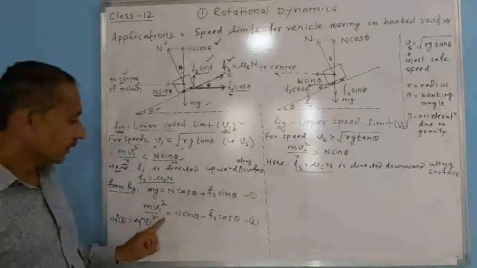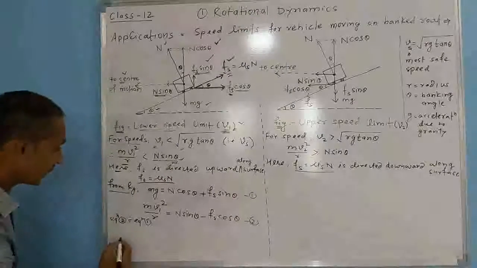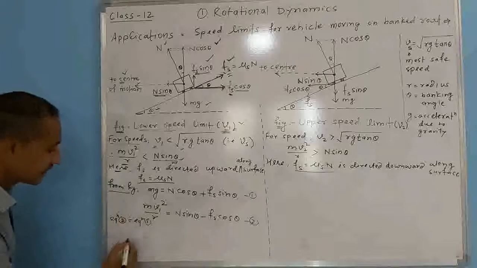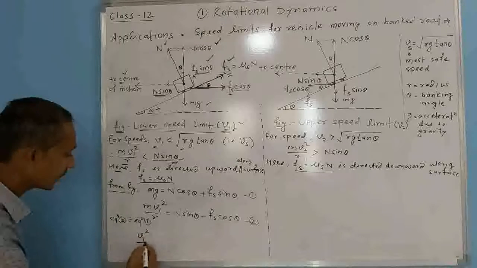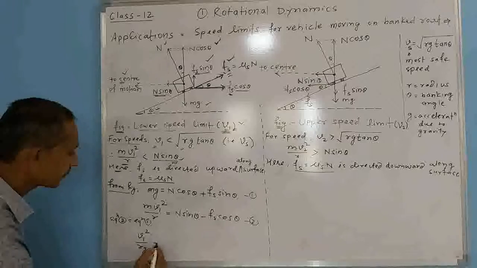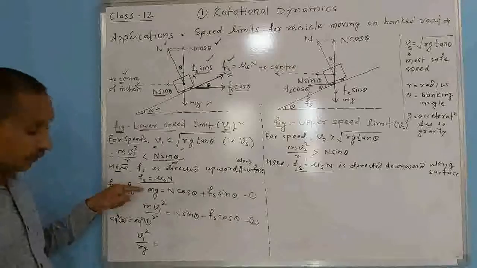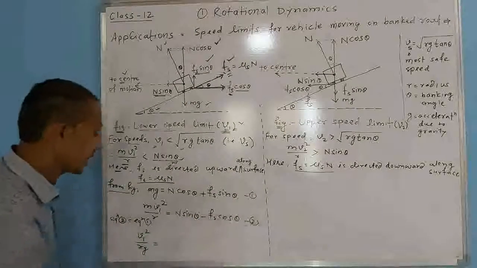We get, mass gets cancelled, V1 square divided by Rg. So equation 2 divided by equation 1, we get V1 square upon Rg at the left hand side.